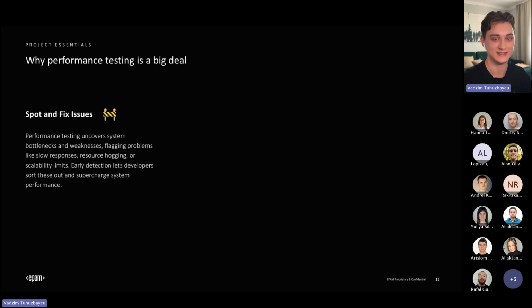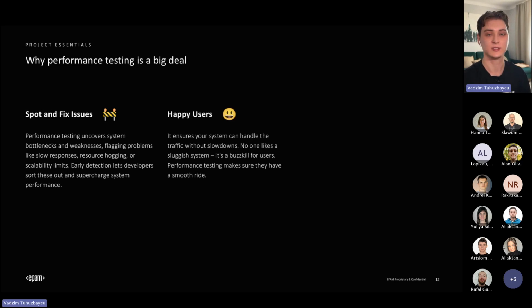It can handle the heat. And finding and fixing issues early saves developers time, and it's much, much cheaper to fix problems before they reach you in production.